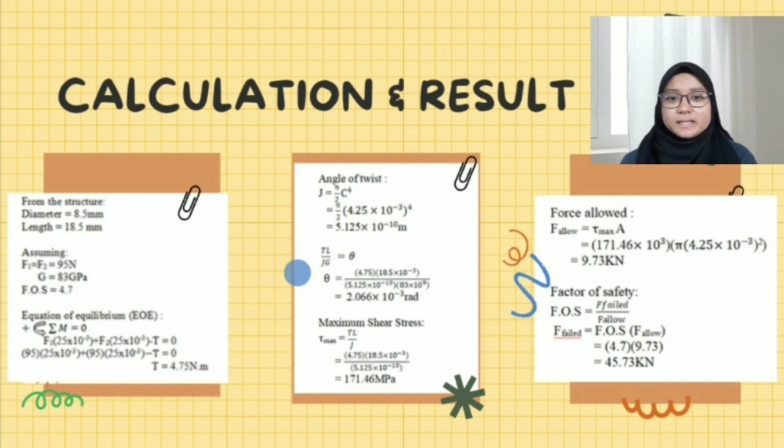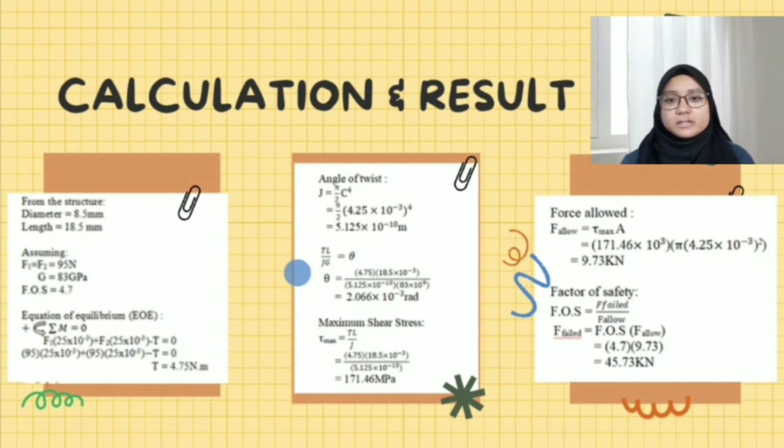Then we need to find the maximum shear stress by using the formula TC over J, and the maximum shear stress that we found is 171.46 megapascal. Next, we will use the formula maximum shear stress times area, and we get 9.73 kilonewtons.